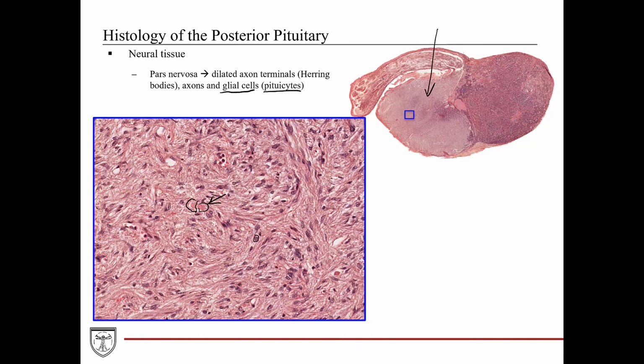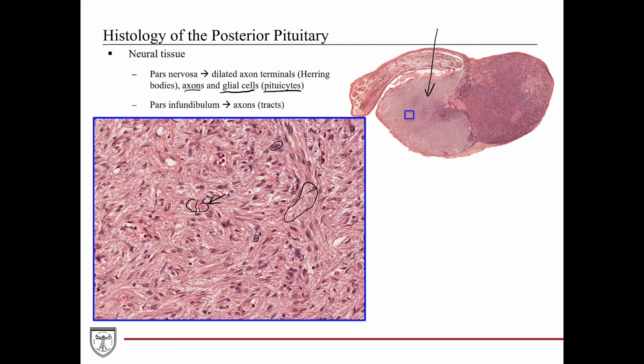So a lot of these elongated to oblong nuclei belong to the pituicytes, which function very similar to the astrocytes within the central nervous system. Lastly, we see a lot of axons that are traveling throughout.